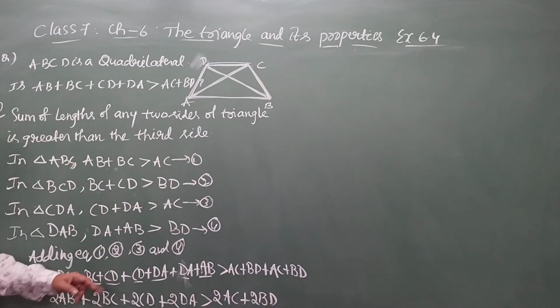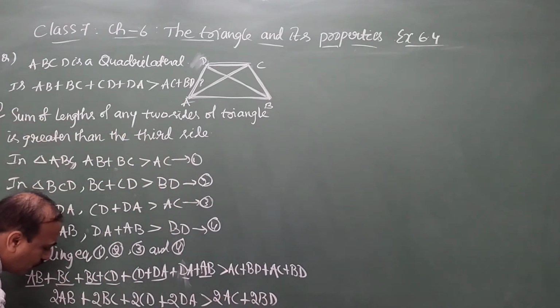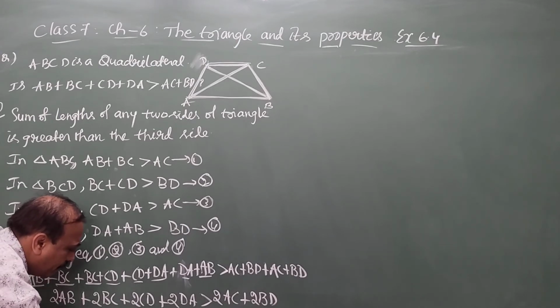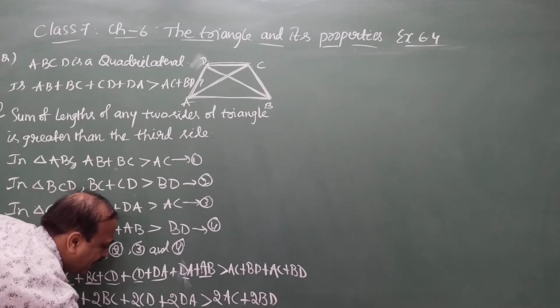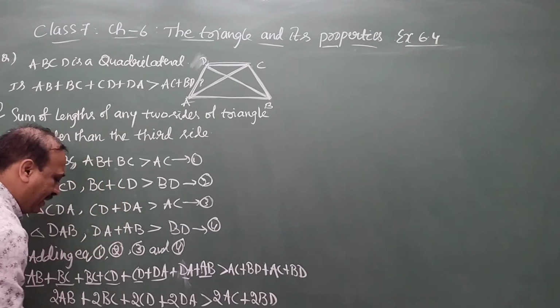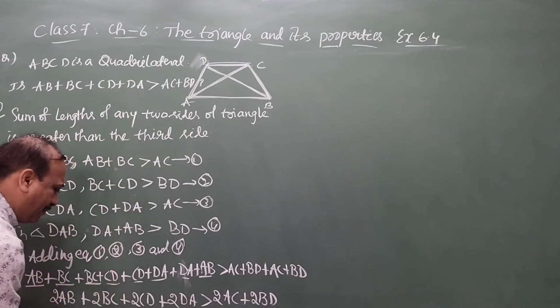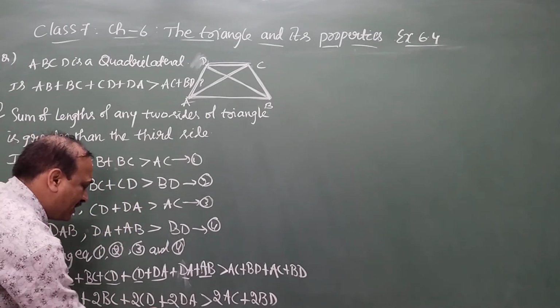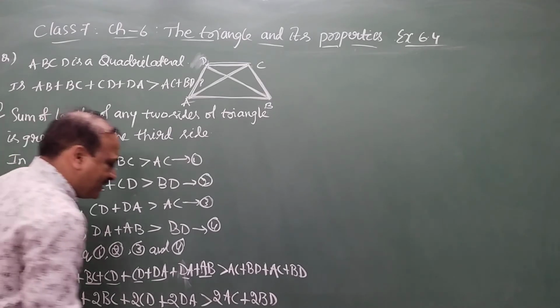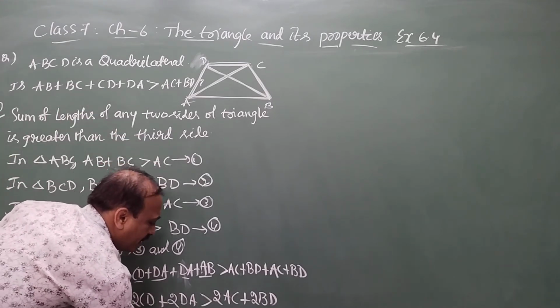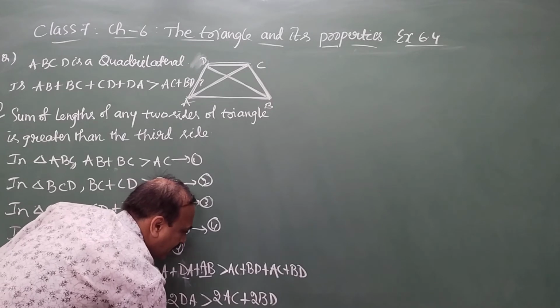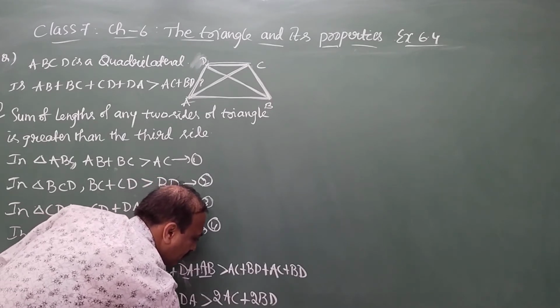As 2 is common in all the places, we take 2 outside. AB plus BC plus CD plus DA is greater than 2 times AC plus BD.